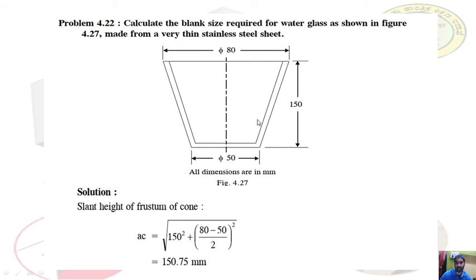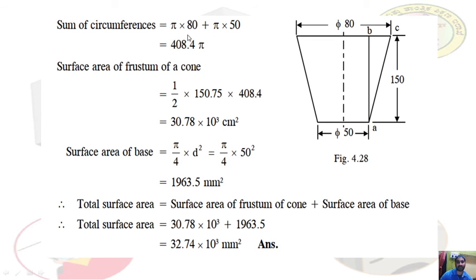So we got the slant height here, and the sum of the circumferences is pi into 80 plus pi into 50, that is 408.5. So the surface area of the frustum of cone is half into slant height into the sum of the circumferences. We got it as 30.78 into 10 raised to 3 square millimeter.